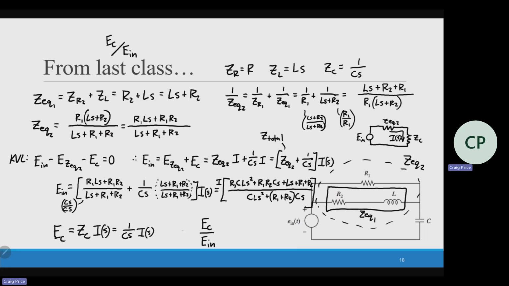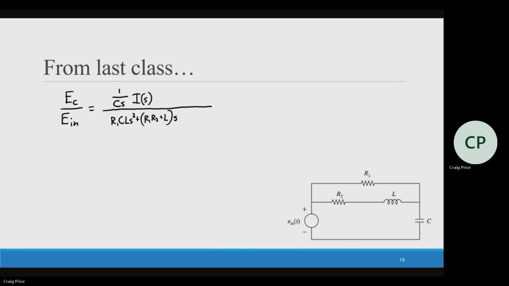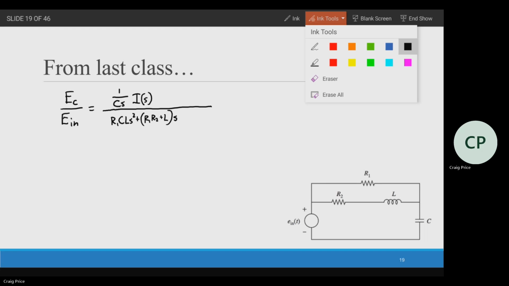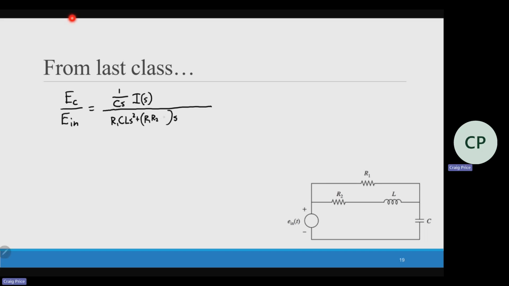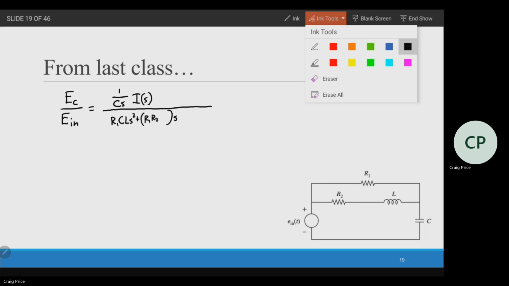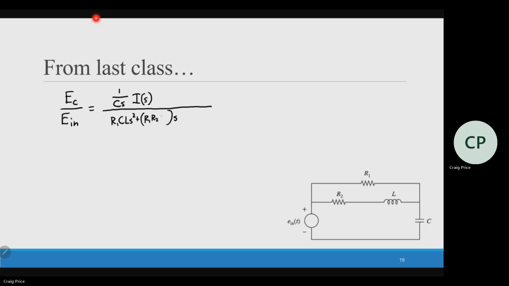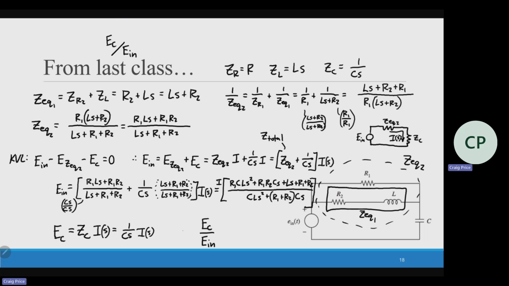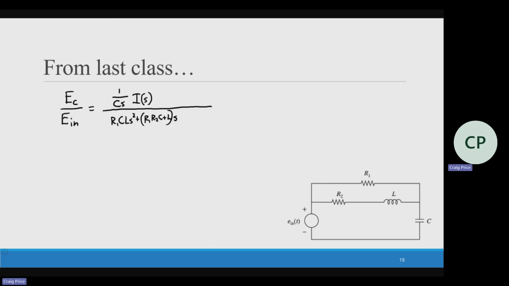I combine my S terms. R1 R2 C. I missed the C right there. That's my S term. Then we've got R1 plus R2.